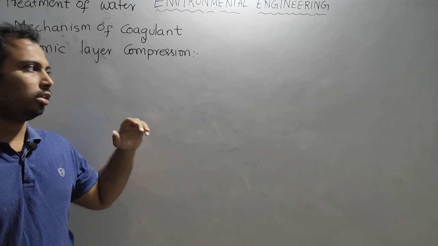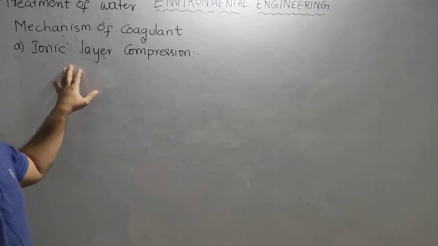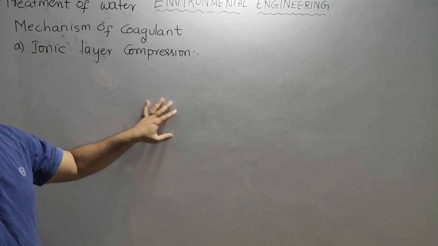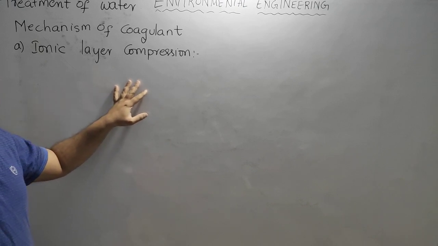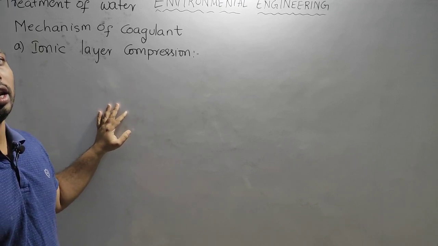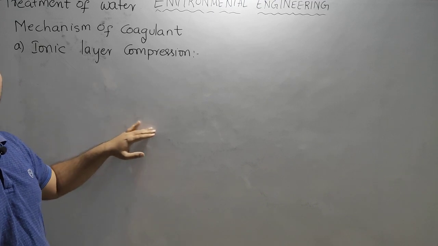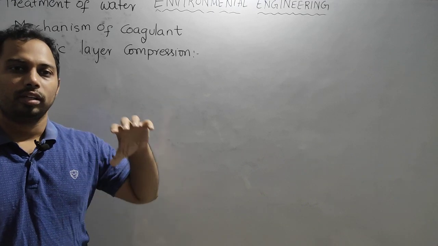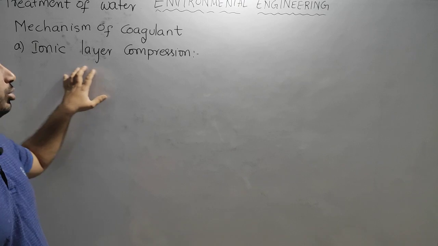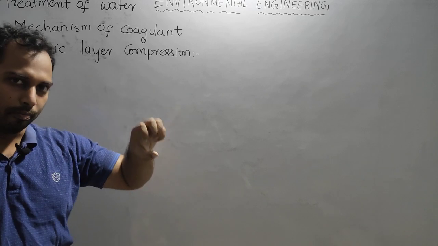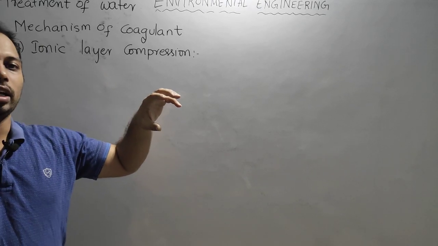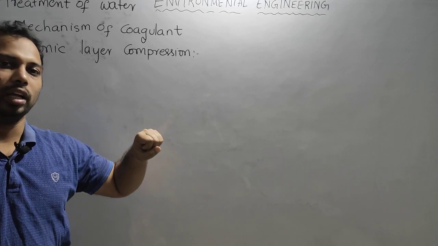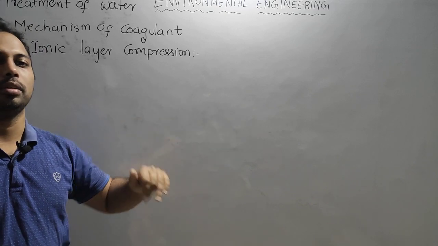Because of which all the negatively charged particles come and form a layer on which these positively charged particles will come and stick. That kind of layer is called ionic layer compression, bringing all the negatively charged particles together by some positively charged particle.